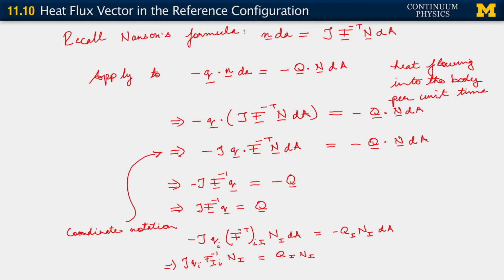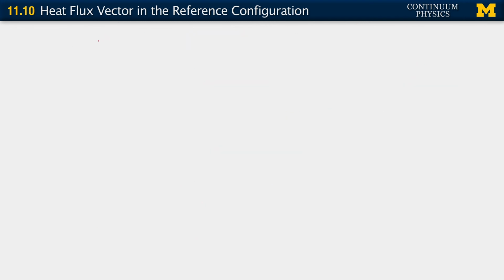Now we go over to the next slide here and observe that what we have is, just rewrite what we wrote there. We had J, we had F inverse, okay, and using the fact that these are just multiplications and multiplication is commutative, we have F inverse_(I i) q_i acting on N_I equals capital Q_I N_I.